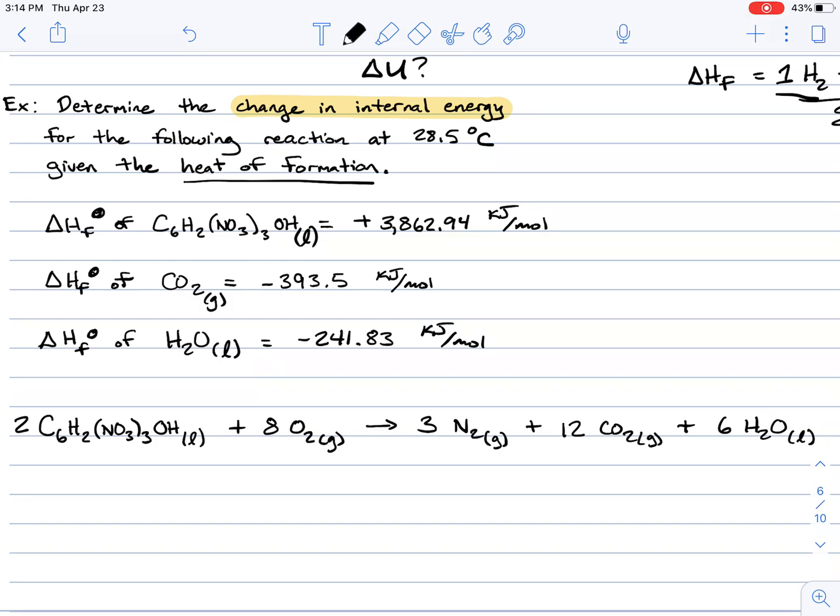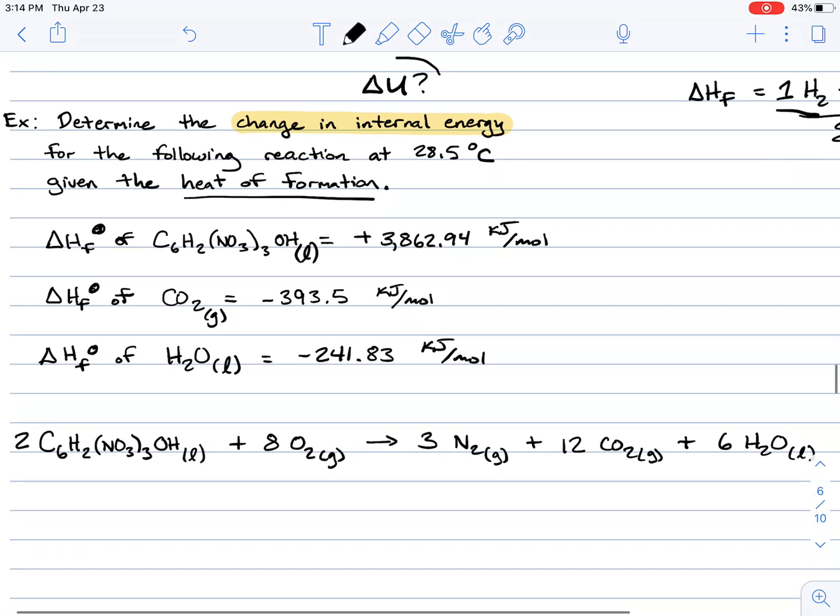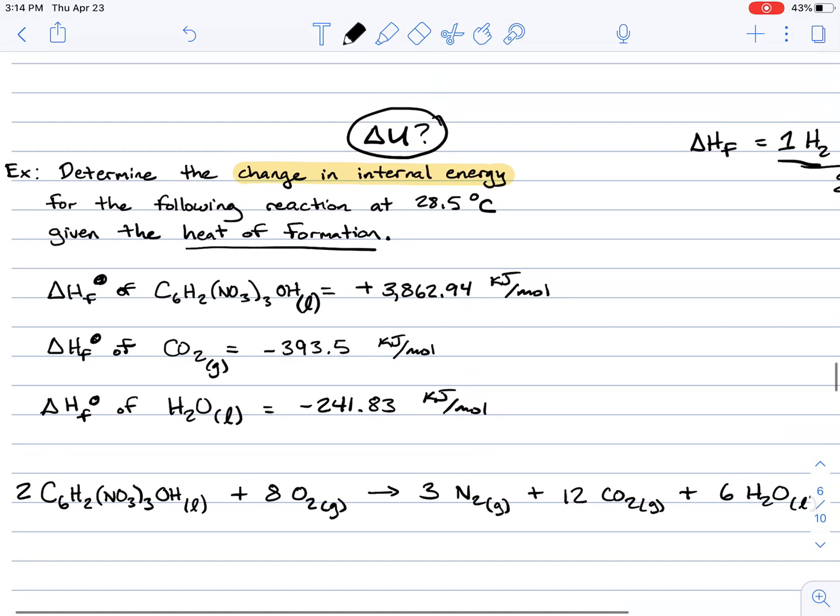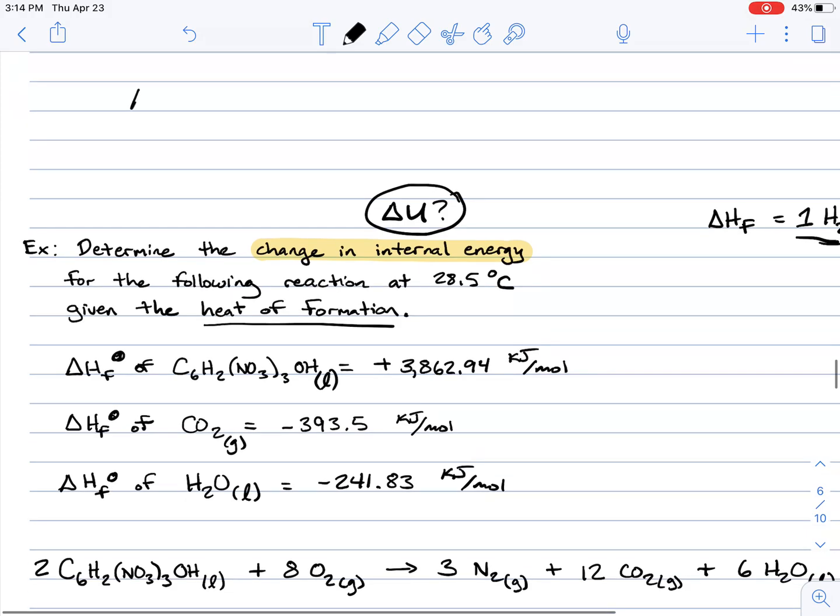And so for me to determine this value, this change in internal energy, I need some parts, right? So I'm going to just write this above. I need to know my overall enthalpy. This is obviously the term that we're looking for. And I need to know the change in the moles of gas, the value for R, and the value for temperature.